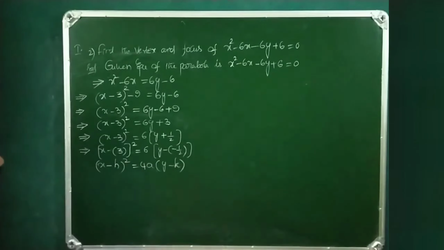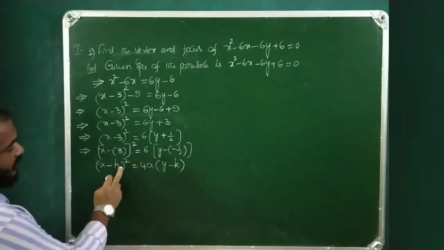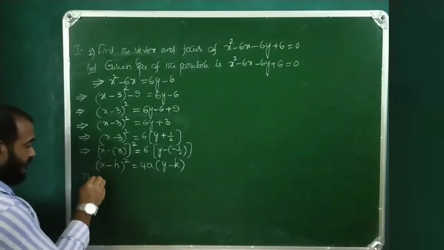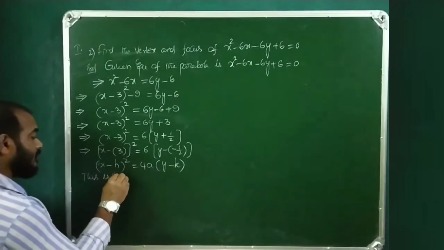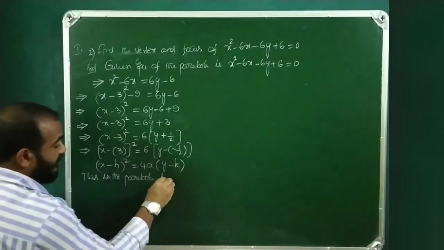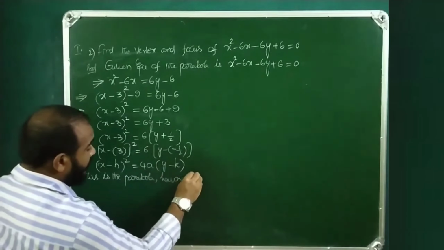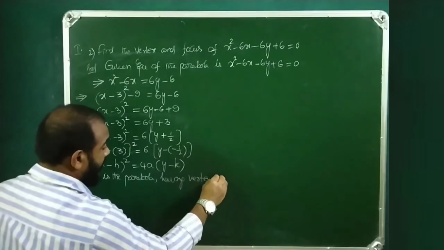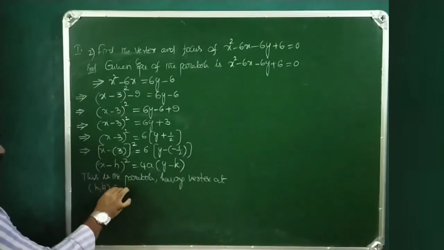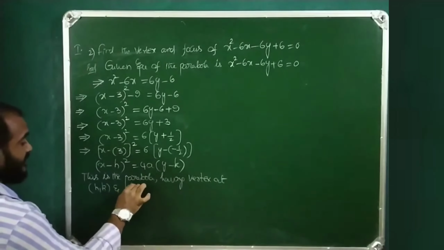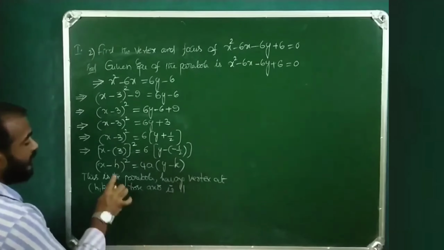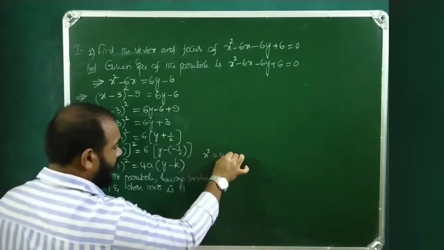So this is the parabola. x minus h whole square is equal to 4a into y minus k. This is the parabola having vertex at h comma k and whose axis is parallel to the y axis. This can be compared with x square equals to 4ay.